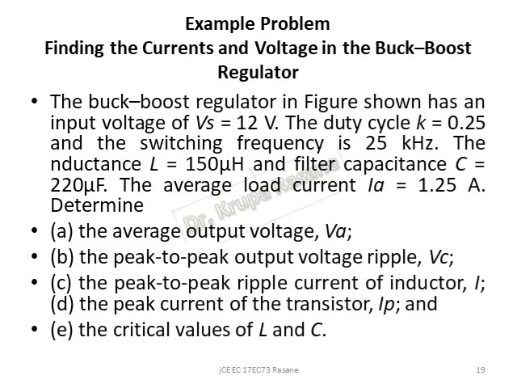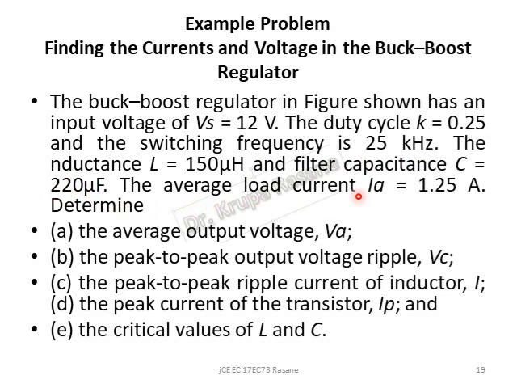Now let us look at an example problem of finding the currents and voltage in the buck boost regulator. The buck boost regulator, as shown in the figure, has an average input Vs of 12 volts, duty cycle K equal to 0.25, switching frequency is 25 kilohertz, and the inductance L is 150 microhenry, capacitance value is 220 microfarad.